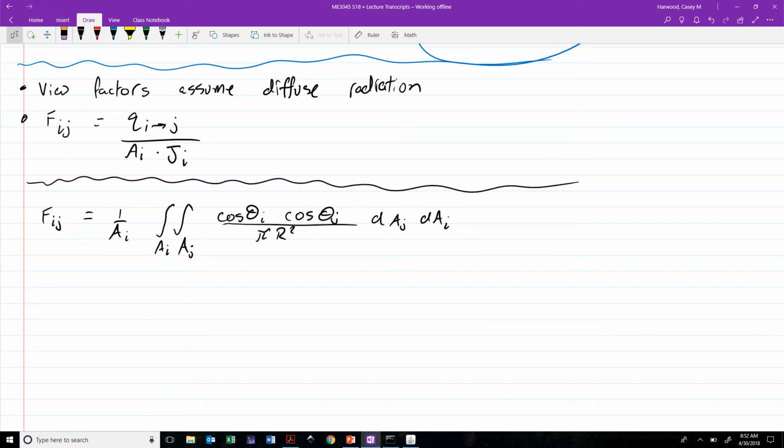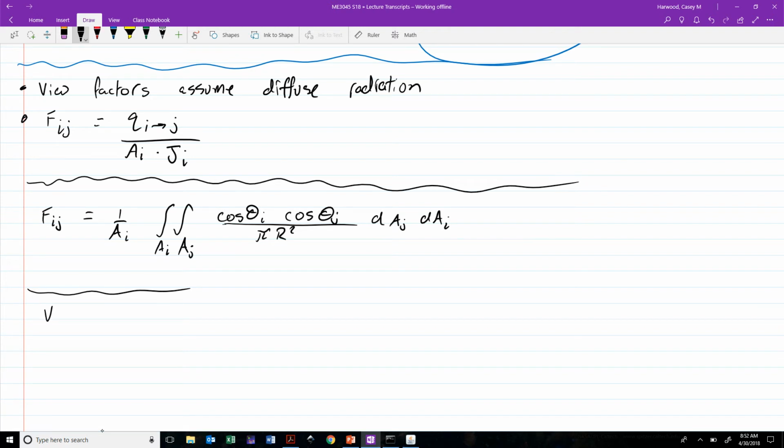So instead of evaluating this integral, what we're typically going to do is look at tables 13.1, 13.2, and in some cases 13.3 in the textbook.